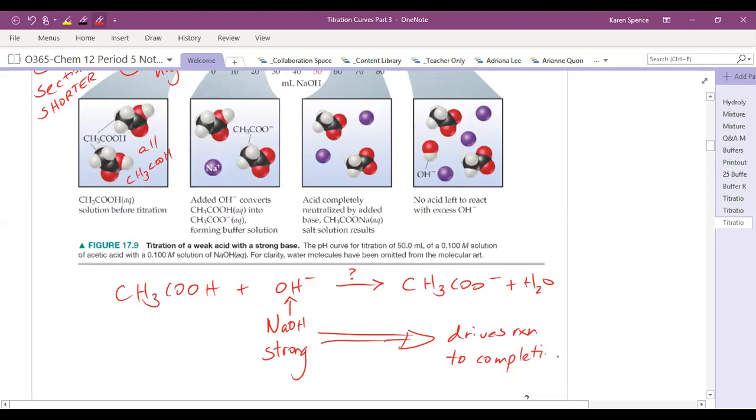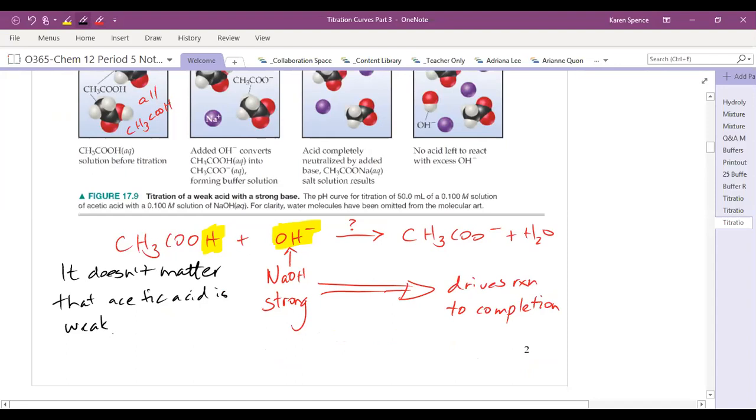So what's really going to happen is the OH minus is going to rip the hydrogen ions off of the acetic acid. It doesn't matter that the acetic acid is weak. Because the OH is strong, the OH rips the protons off.